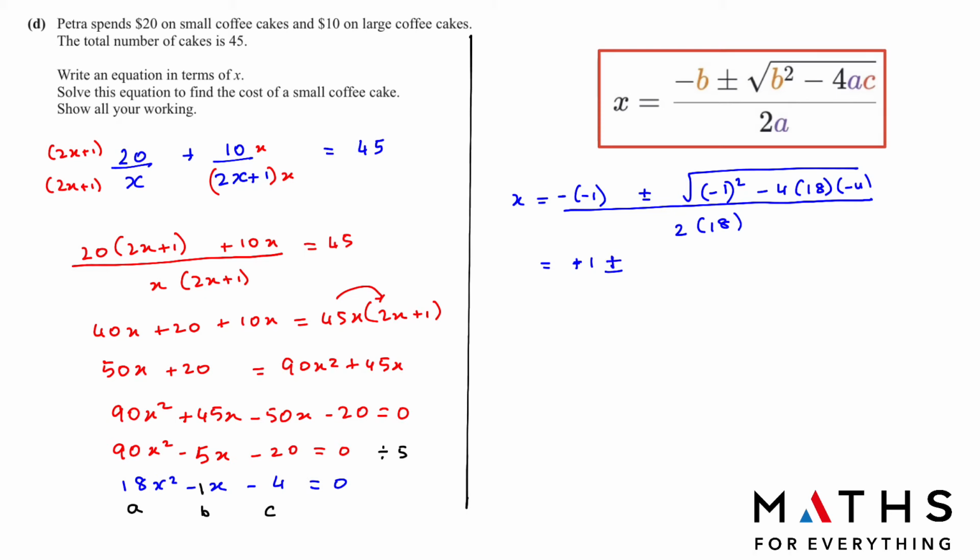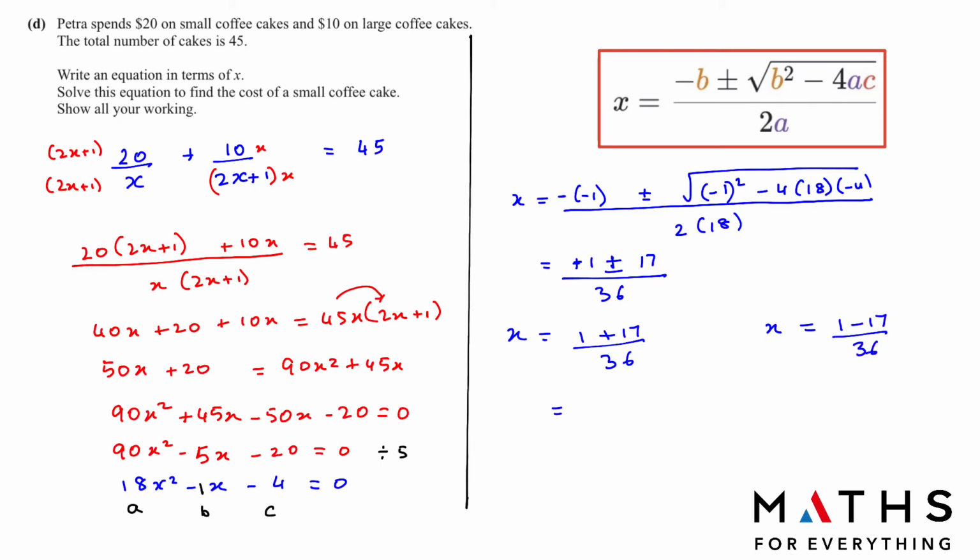Let's go to the calculator and check what we are going to get. We will get 17, and 2 multiplied by 18 is 36. So you've got two values of x: 1 plus 17 over 36, and the other is 1 minus 17 over 36.